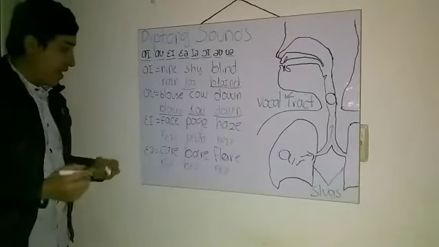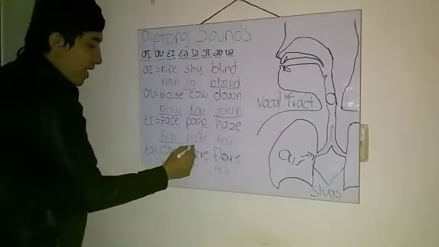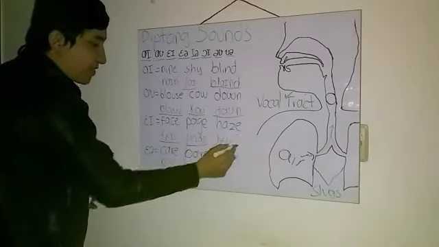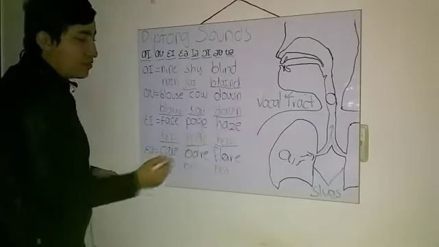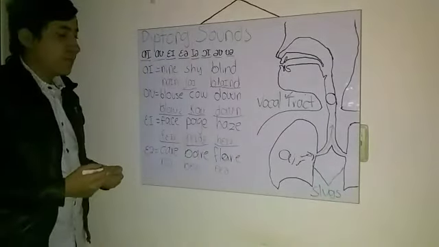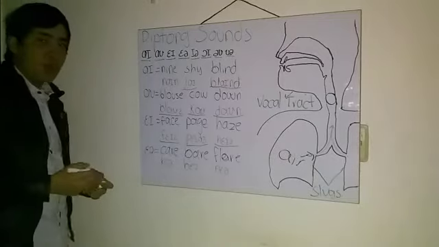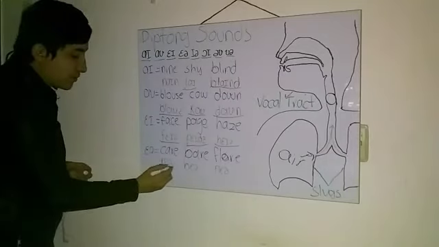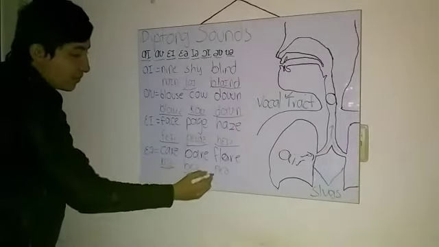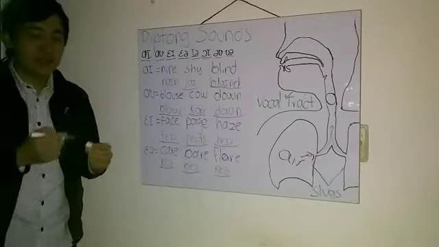The next is A: face, page, haze. Remember that in this case we pronounce it like haze, okay? And we're going to start with the schwa: care, bear, fleur. So that is the pronunciation.